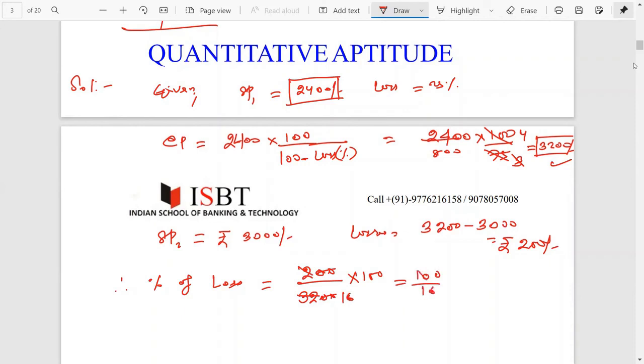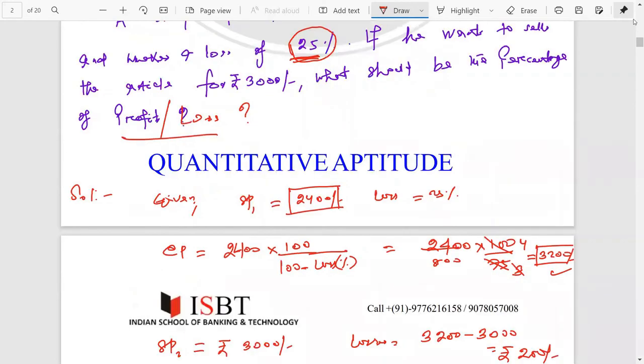That means 25 by 4. 6 whole 1 by 4% loss. So what should be the percent of the loss? Percent of loss means 6 whole 1 by 4%. Okay, this is the answer.